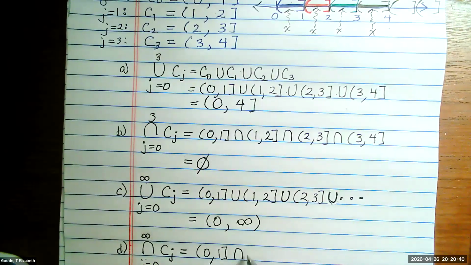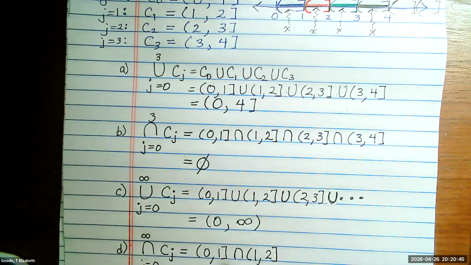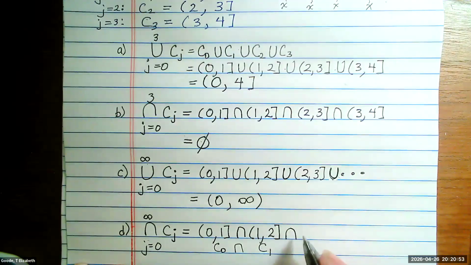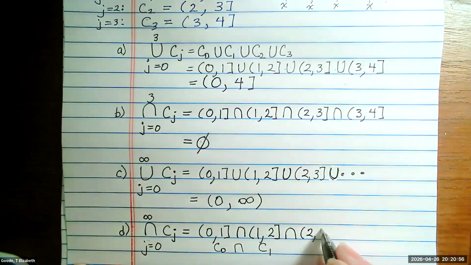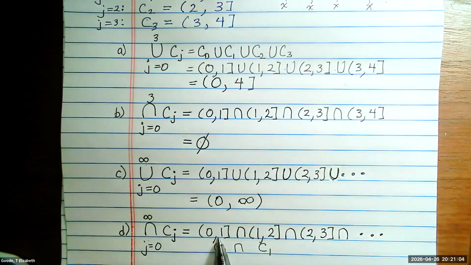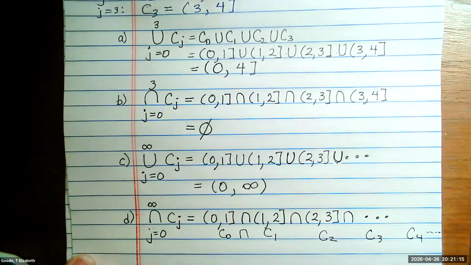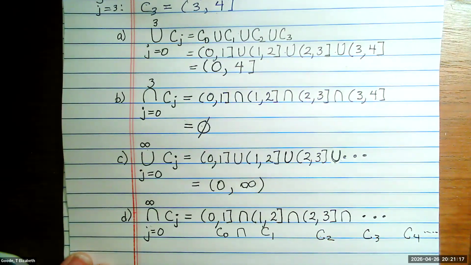If C0 intersect C1 didn't have anything in common, is it going to help to keep intersecting with more of these sets to find some x that's magically in C0 and C1 and C2 and C3 and C4 and all the rest of them? Will there be any x's that are in all of those?